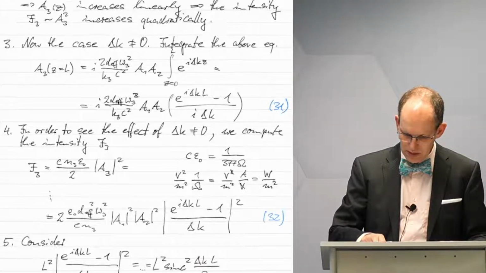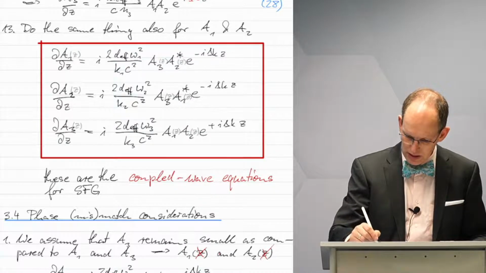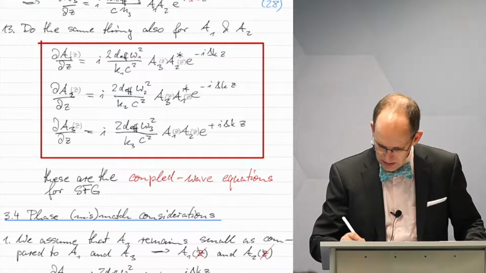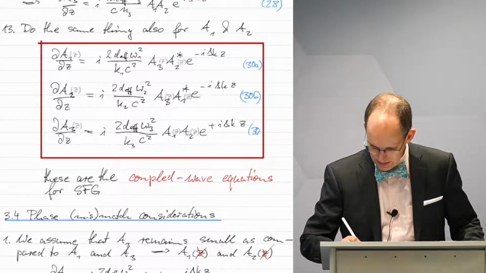Yeah, so where do I have them? They need house numbers: 30A, 30B, 30C.